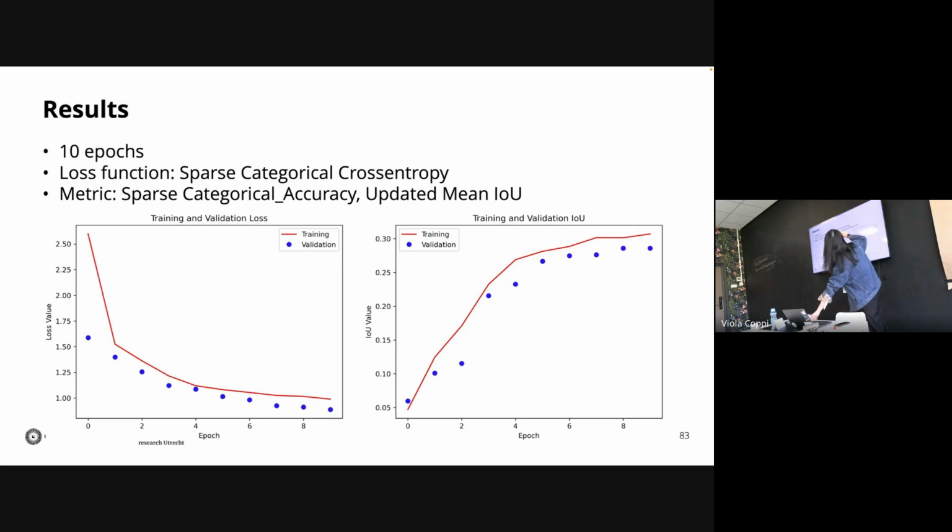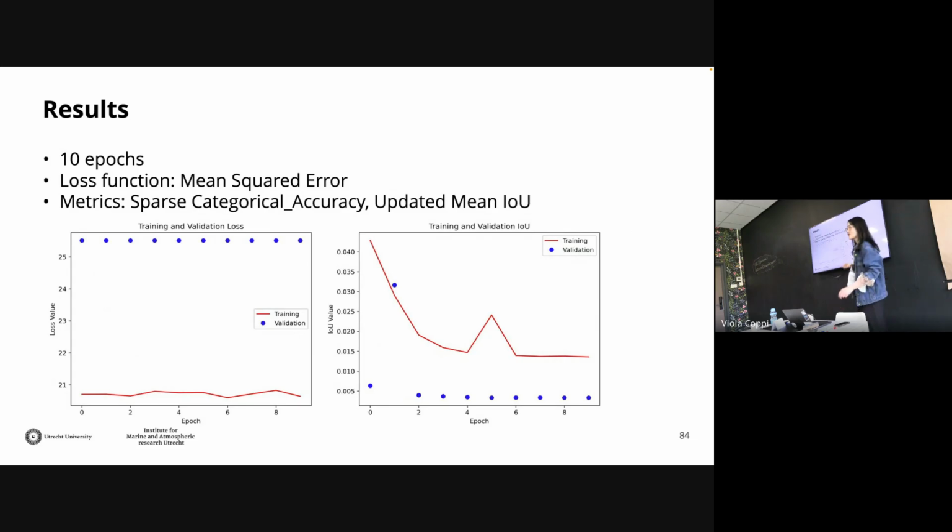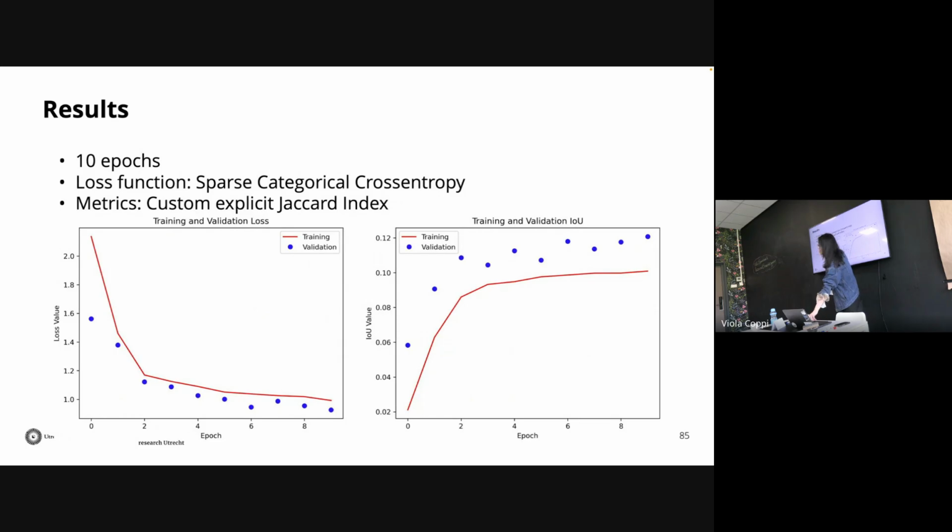But when you change this loss function into a different one, it gives you disastrous performance in the training. So you need to be very careful about this loss function and metric. If you want to choose the mean square error, then you might need to change the metric into what we call the Jaccard index. It will give you quite reasonable results.